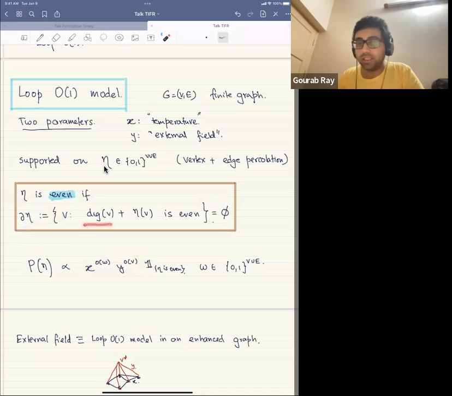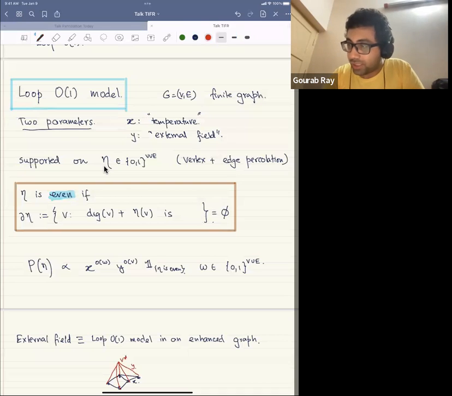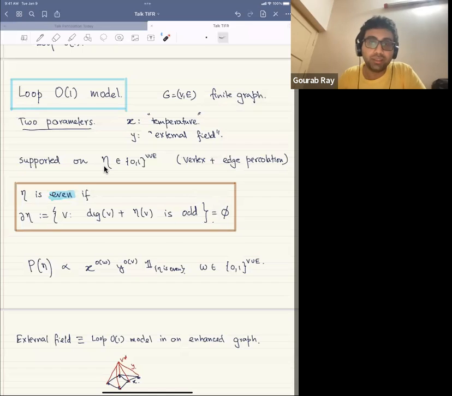If you look at the set of vertices which are odd, meaning the degree of the vertex plus 1 or 0 depending on whether the vertex is open or not is odd, that set is called the boundary of the process. If this set is empty, then we say it's an even configuration. I don't want any vertex to have odd degree, basically.